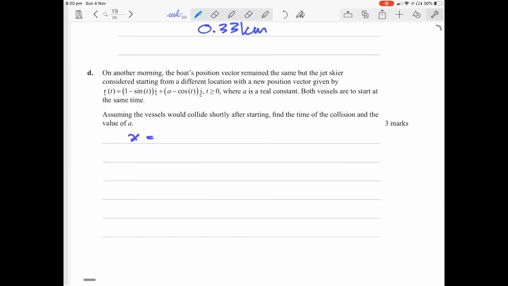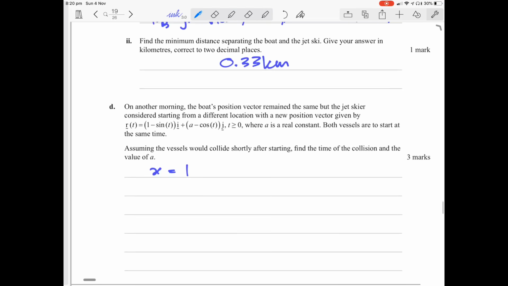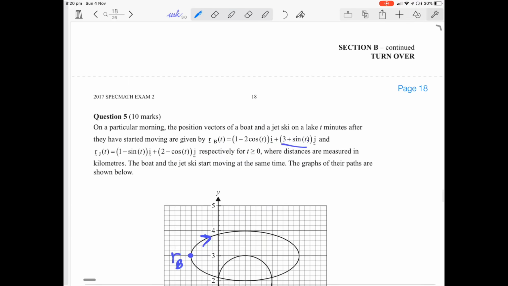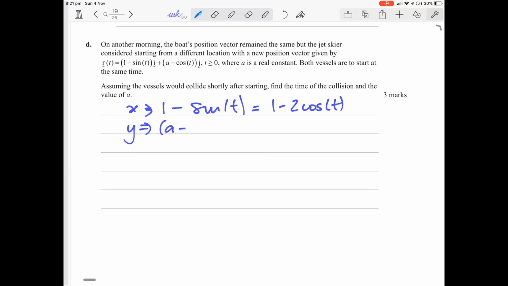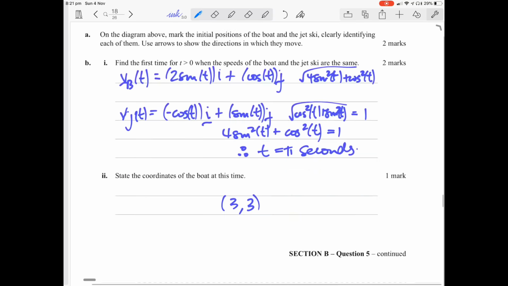So our x component, this is annoying having to go back, it was 1 minus sine t is equal to 1 minus 2 cos t. Now y component is a minus cos t. That's equal to 3 plus sine t.